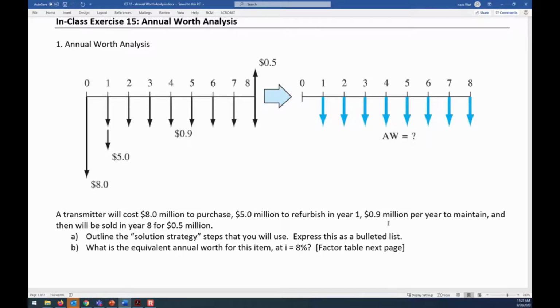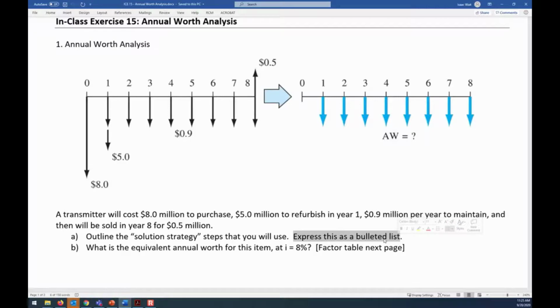Now, in step A, what I'd like you to do, rather than start crunching the numbers, is start with the solution strategy. So think kind of like in pseudocode. Just outline what are the steps that you're going to do, like as a bulleted point-by-point list, rather than jumping right into the calculations, just give a summary or an overview of your solution strategy.